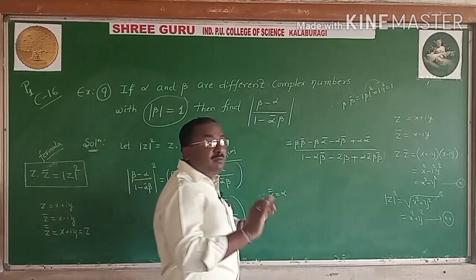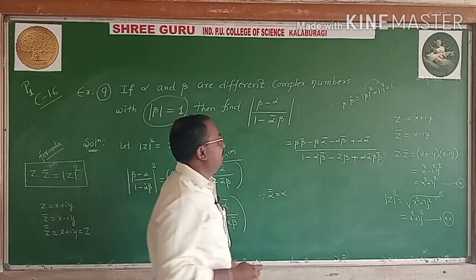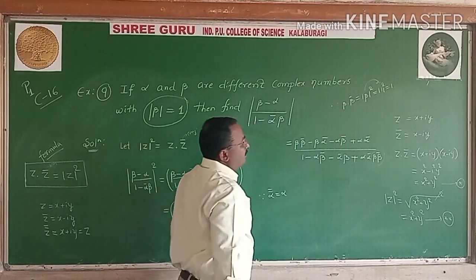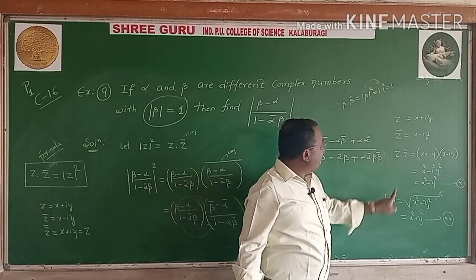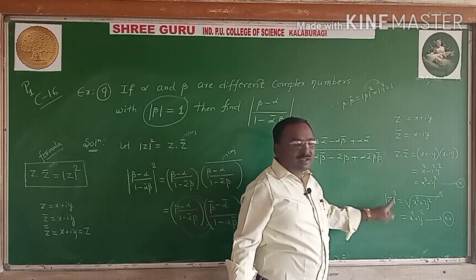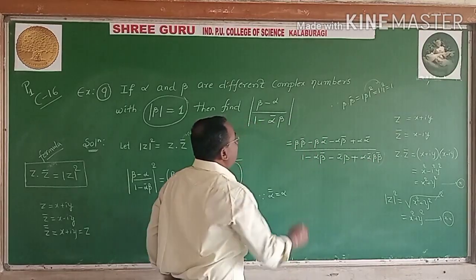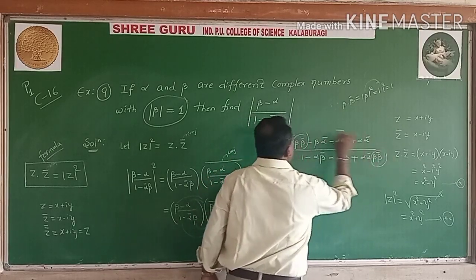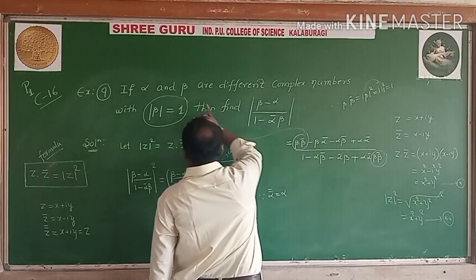Beta bar formula is modulus of beta whole square. Z bar is modulus of z square. This is the given.